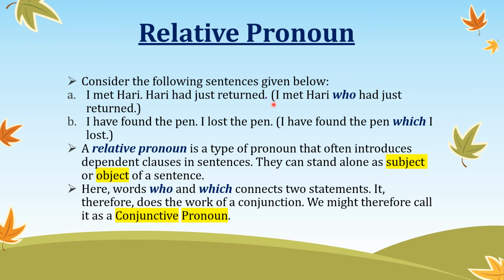We are revising it here. I met Hari is independent. Who had just returned is, sorry, dependent. So this is somewhere we are learning about clauses in the relative pronoun. As I said, when I use who and which, it again speaks about a type of sentence, that is conjunction. Hence, these words are also called conjunctive pronouns.